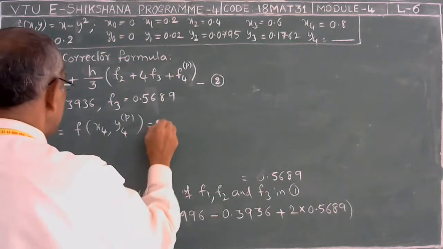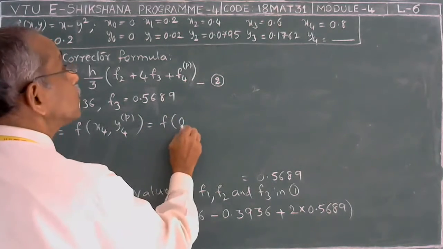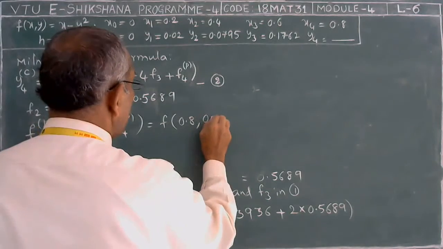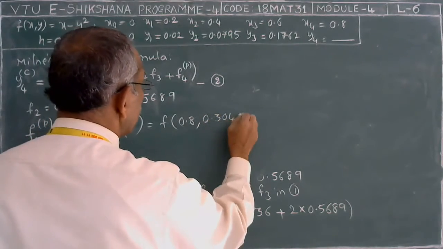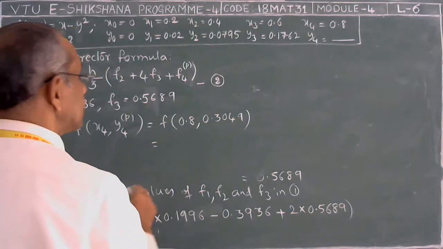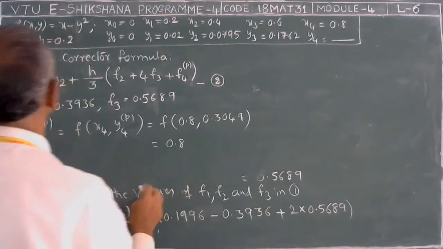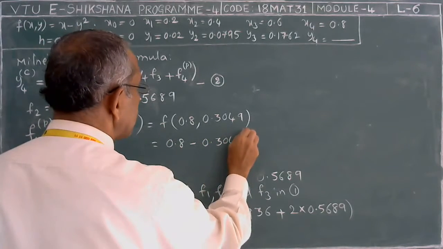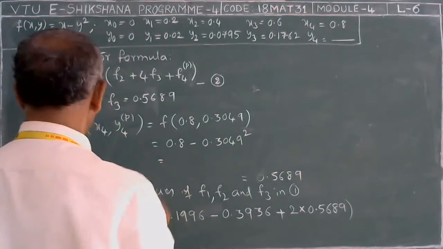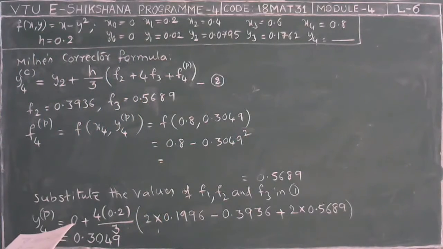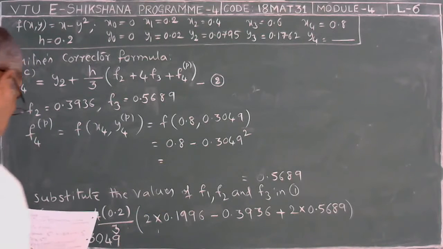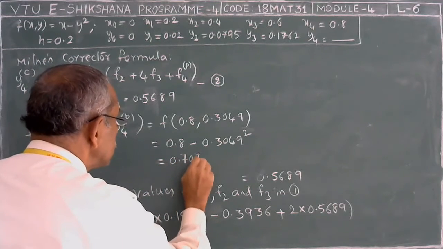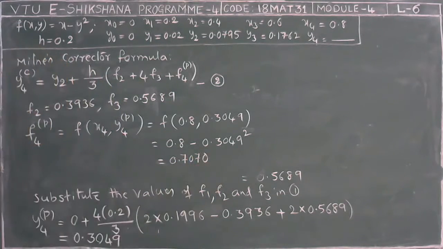This is equal to f of x4 is 0.8 comma y4p is 0.3049. By definition, this is 0.8 minus 0.3049 square, and if you compute this carefully, you get f4p equal to 0.7070 up to 4 decimal places.